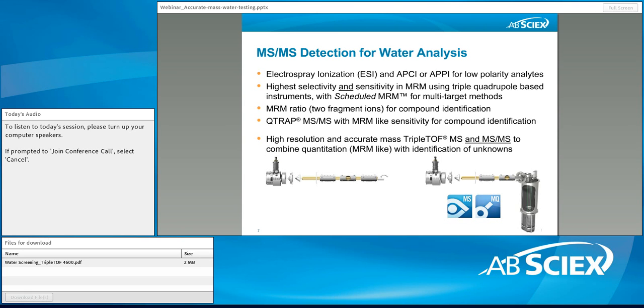If we now compare that to an accurate mass instrument like the SCIEX TripleTOF, here we have the ability to acquire high-resolution and accurate mass MS and MS/MS spectra, both of them in a single analysis through information-dependent acquisition. And the combination of MS and MS/MS is very crucial because, on one hand, this information allows us to quantify target analytes, and I put here MRM-like quantitation.